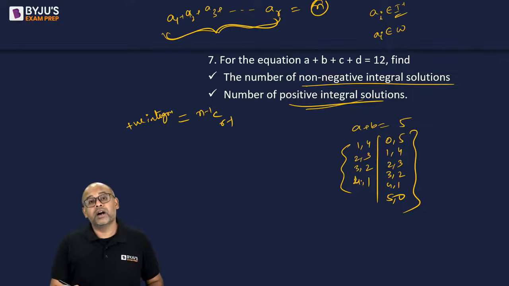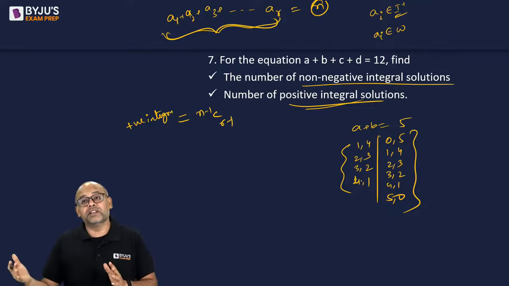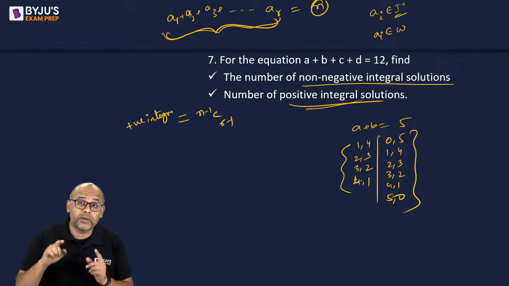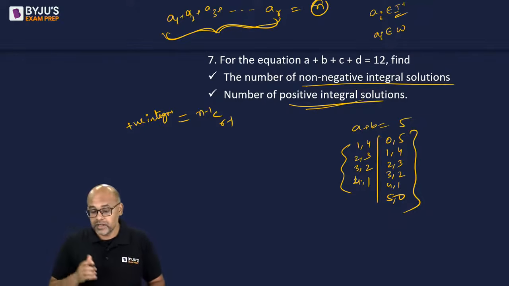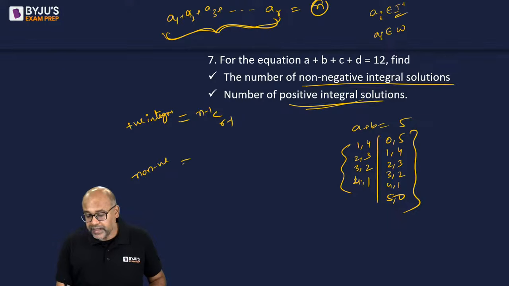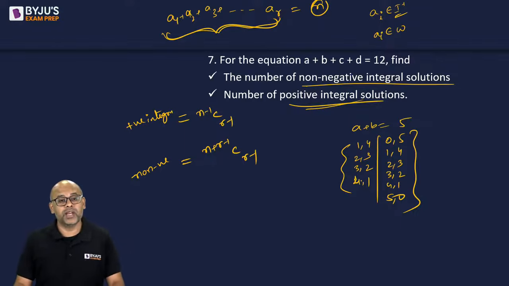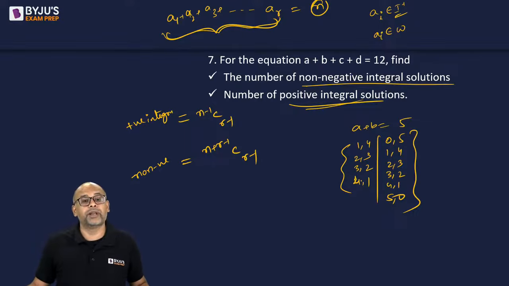Then we have non-negative integers, where 0 can be a possibility, so whole numbers. If it is non-negative, then the formula becomes n plus r minus 1 C r minus 1.